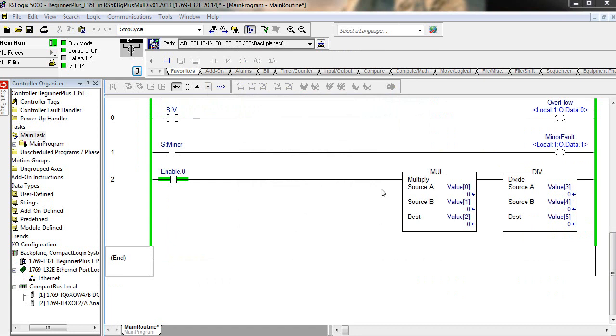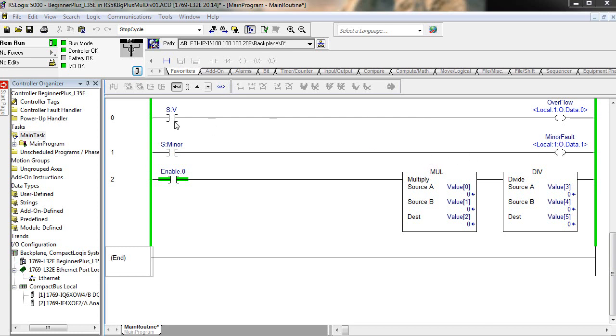Now, it may appear that these bits are no longer coming on, the overflow and the minor fault. Actually, they are. But because this clears every program scan, this operation right here sets these 2 bits, and then at the end of the scan, which is the next rung, the end statement, they're cleared, and when you come back to the top, because they're cleared, these are also off.